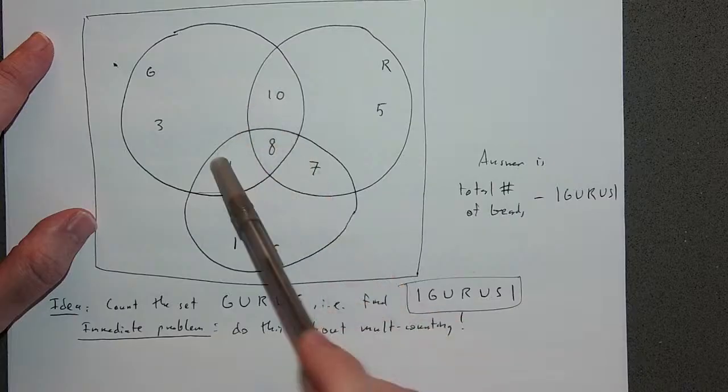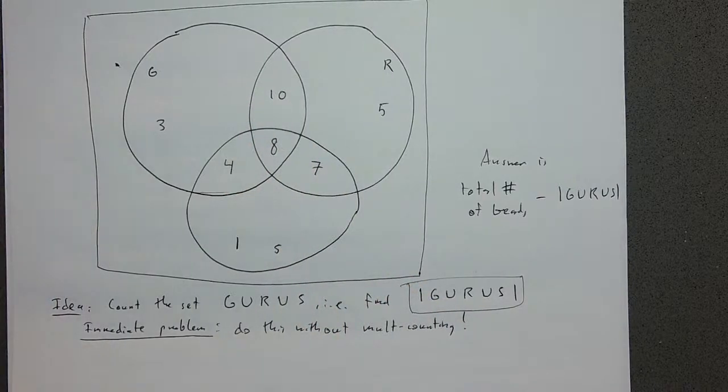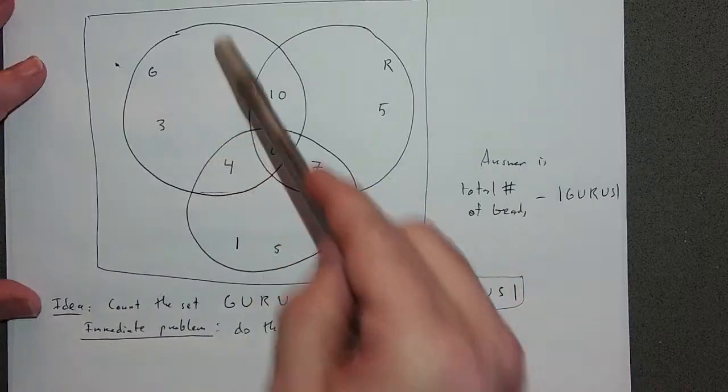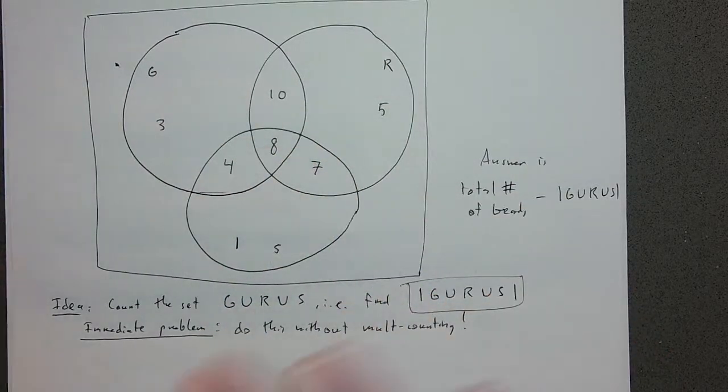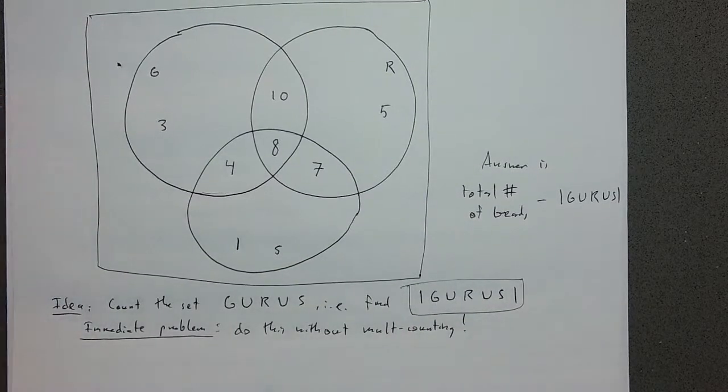These 3 regions would be double counted if we were being as naive as possible, right, and just going set by set. So we're adding all the elements of G, then we add the elements of R, then we add the elements of S. That's not the way to do it, right? That is not going to give us this answer because we're double and triple counting here.